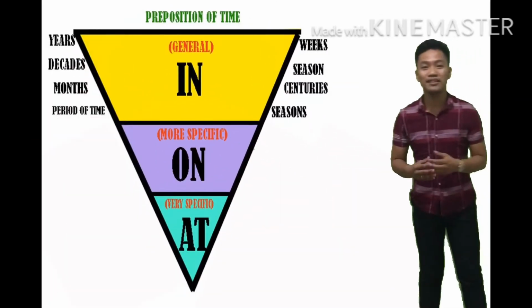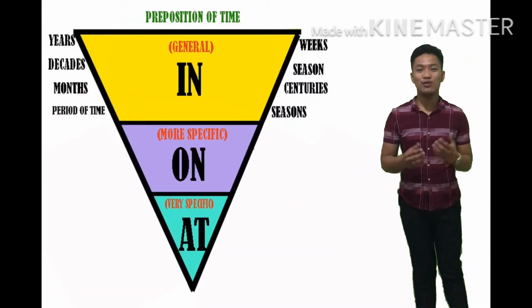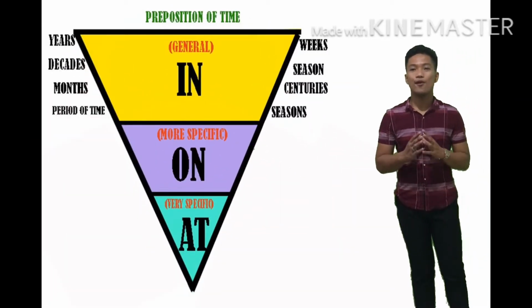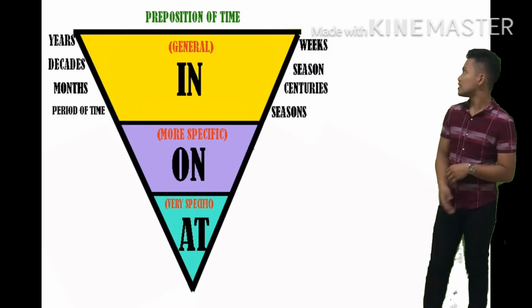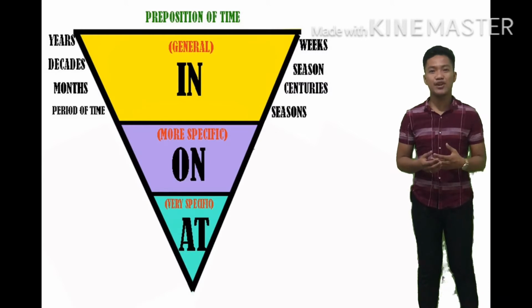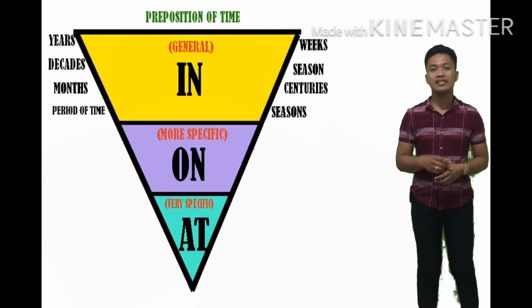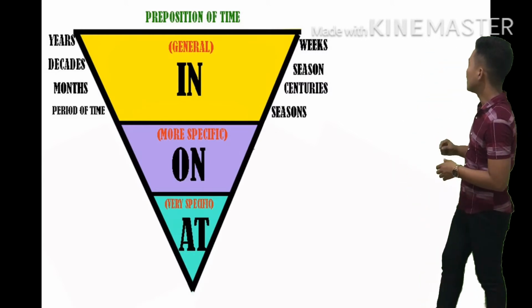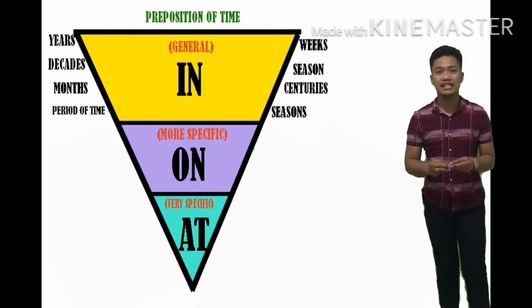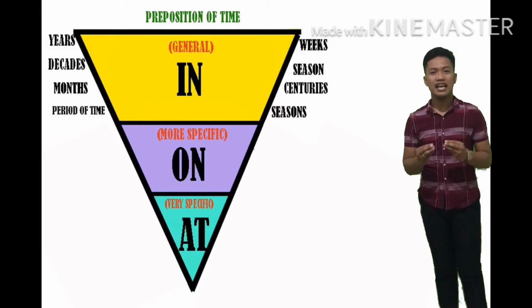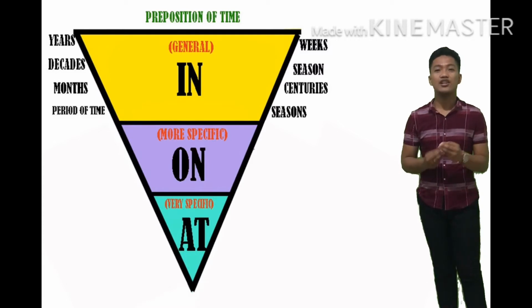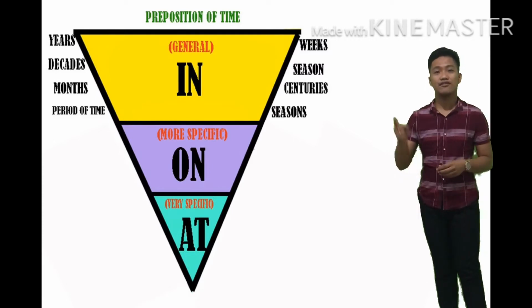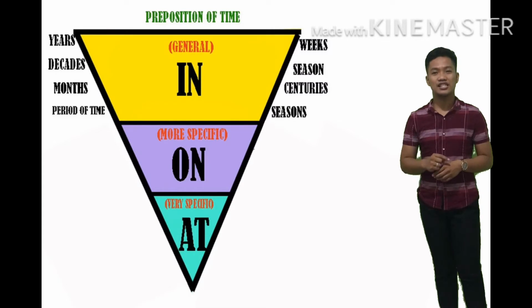Very good! I will be teaching you today how to determine when to use in, on, and at in a sentence. First, let's take a look at our inverted pyramid of prepositions. As you can see, on the top of it is in. In is general, so we could use it with, for example, centuries, like the 1900s.